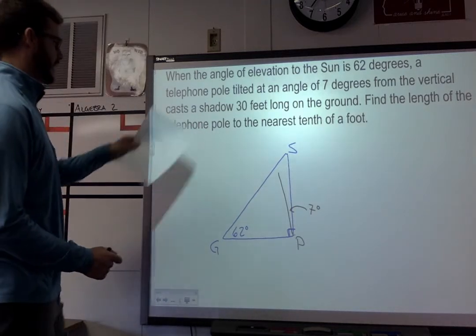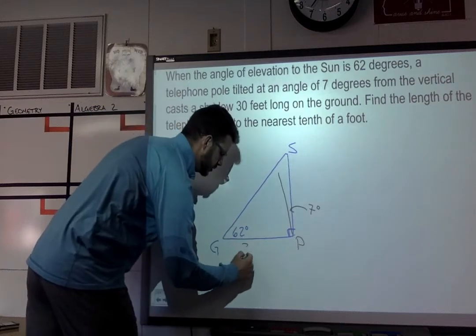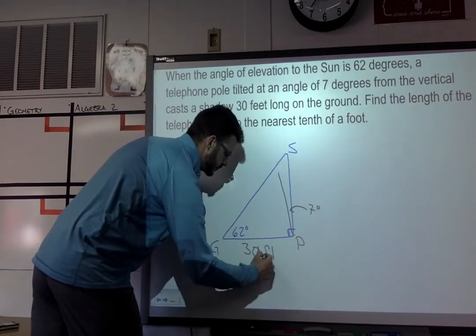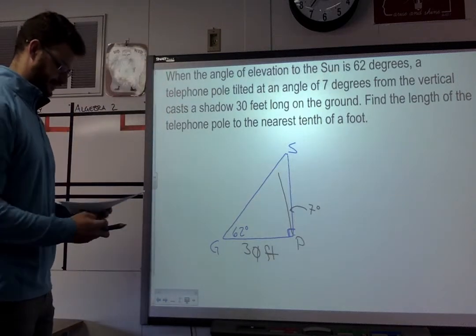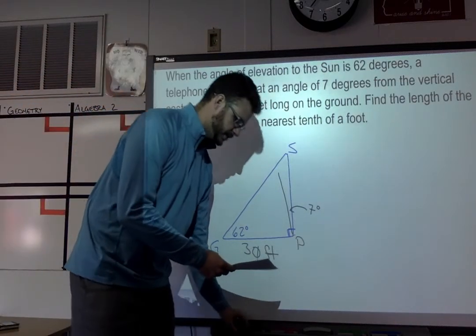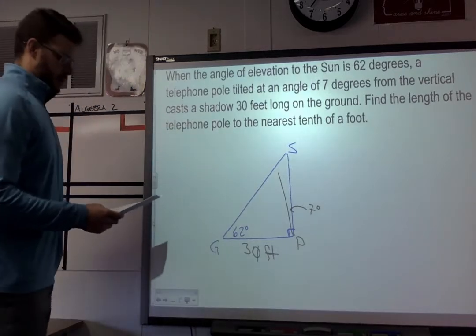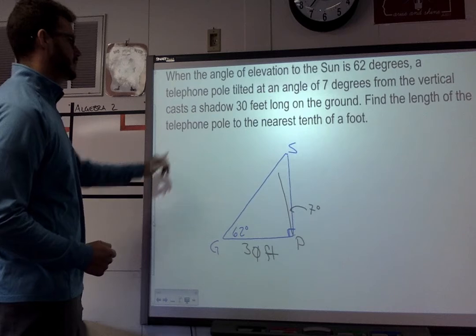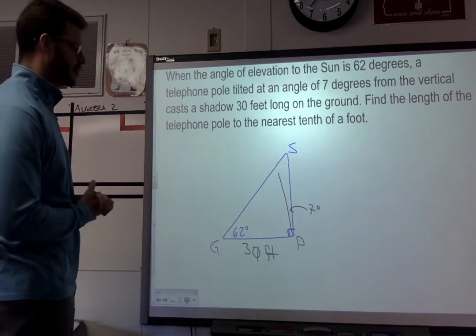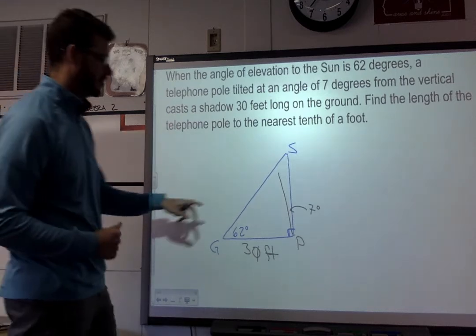Oh, one more. Casts a 30-foot shadow. So a 30-foot shadow there. So what we're going to do here is we need to figure out the length of the telephone pole to the nearest 1/10 of a foot.